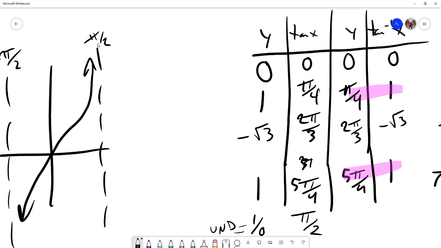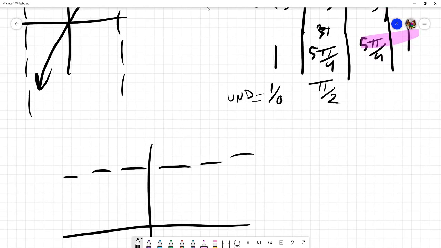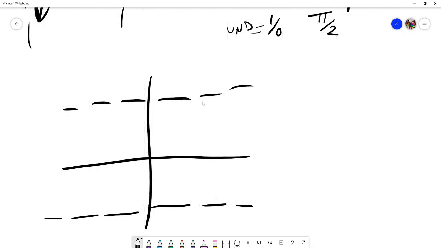Because the inputs and outputs are swapped in regards to tangent and arctangent. In other words, as our inputs get larger and larger, our outputs have to get closer and closer to this horizontal asymptote at pi over 2 and negative pi over 2.